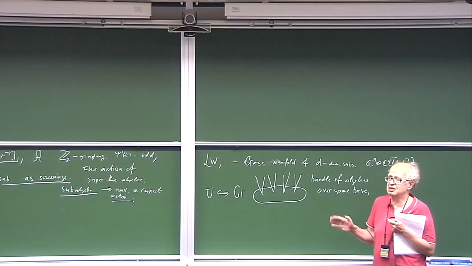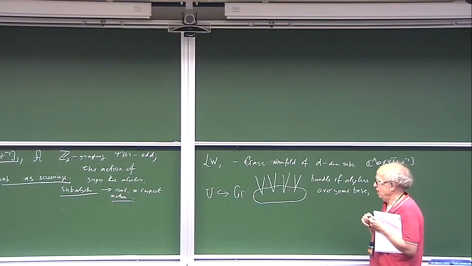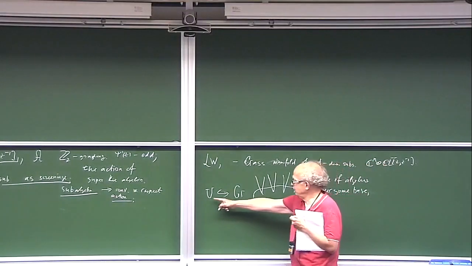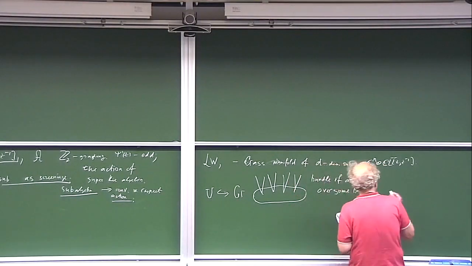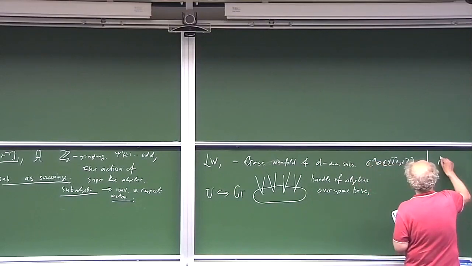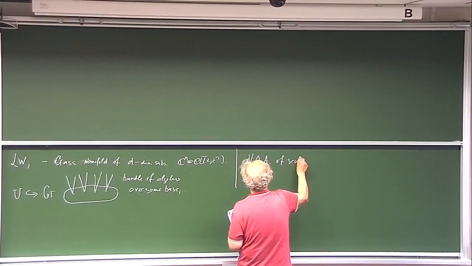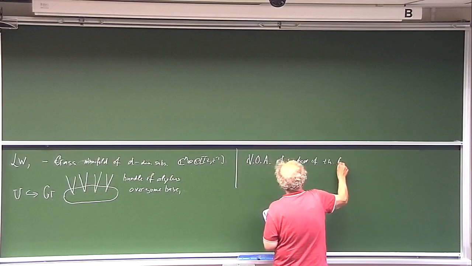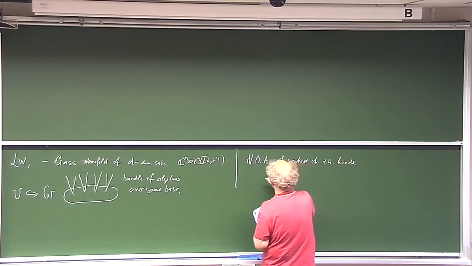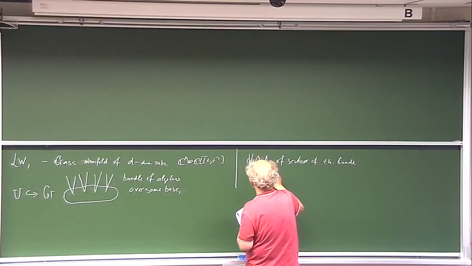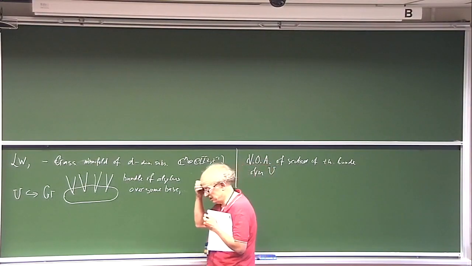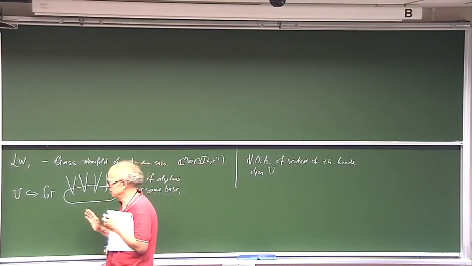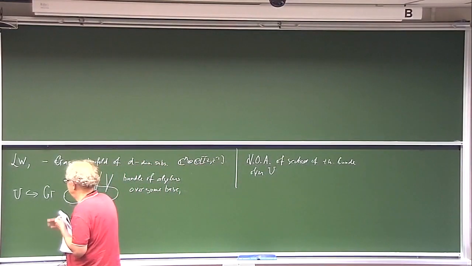We do not like it. We first have to do that. But after we choose U, we can consider the vertex operator algebra of sections of this bundle over U, and for U we need actually some stability condition, but let us skip it.